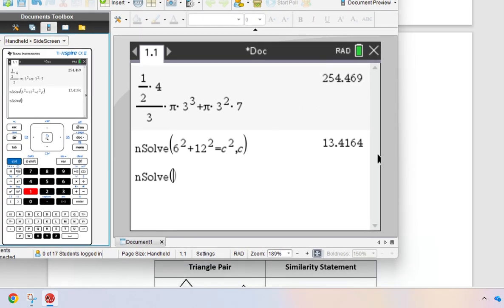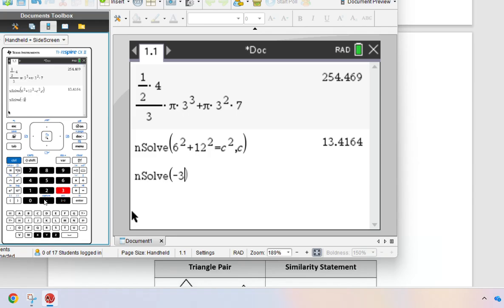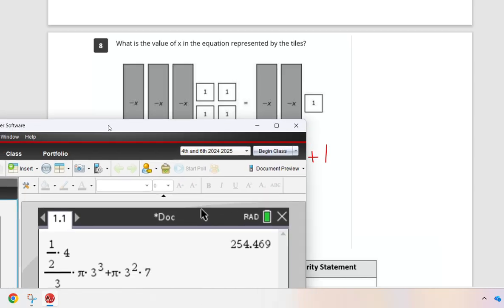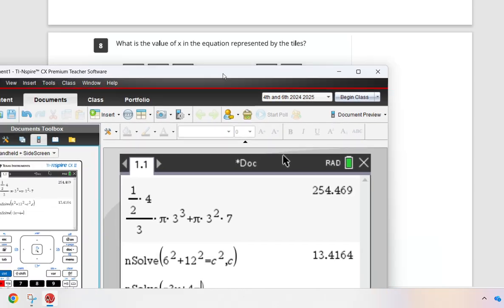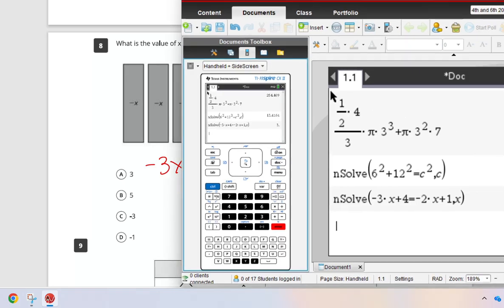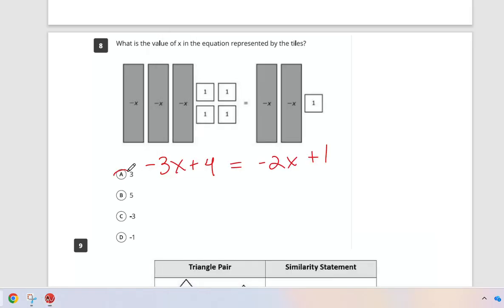Negative 3x plus 4 equals negative 2x plus 1, comma x, and 3 is the answer. And 3 is the answer. Super easy.